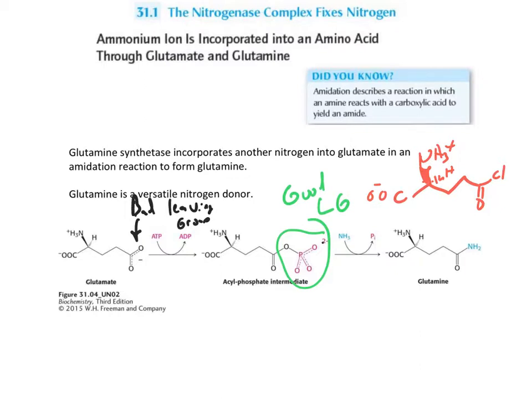So in this case, NH2 or NH3, I guess. You would kick out a chloride in this case. Over here, we do the same thing, at the stereocenter, kicking out our phosphate group, giving us glutamine in one step. So that's a quick way of going from glutamate to glutamine through a two-step process.